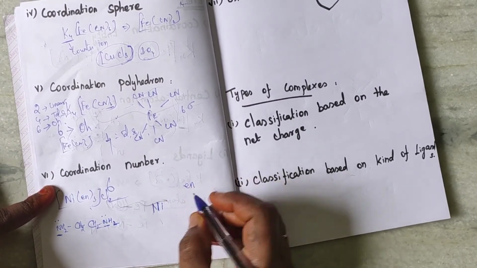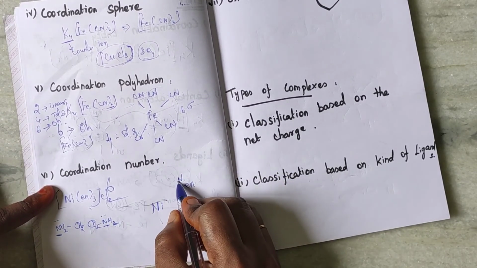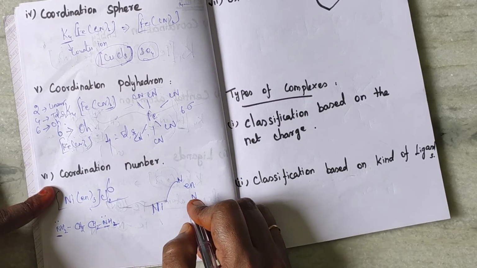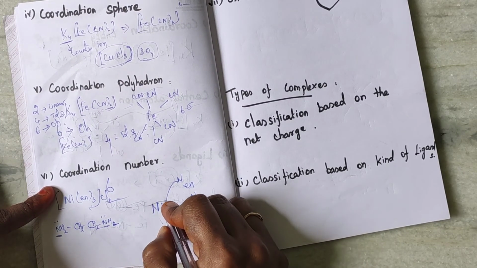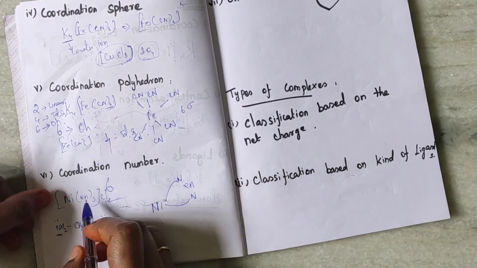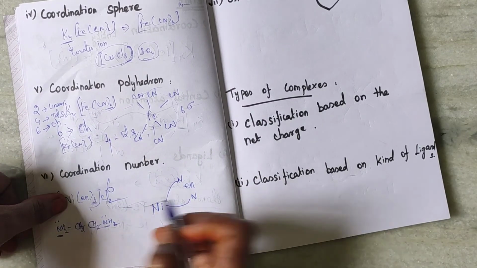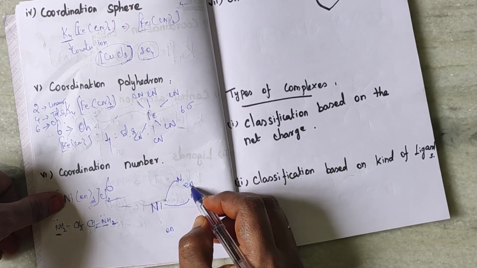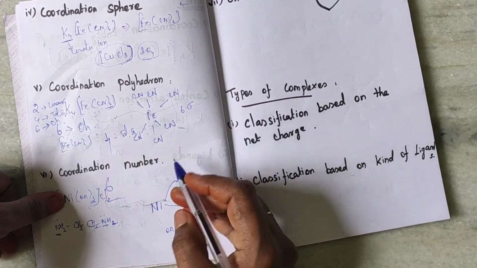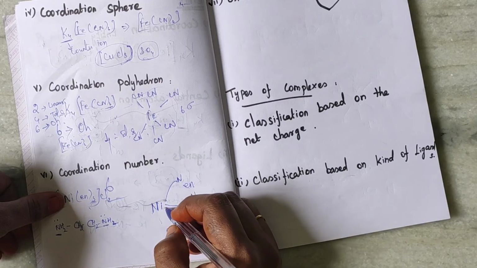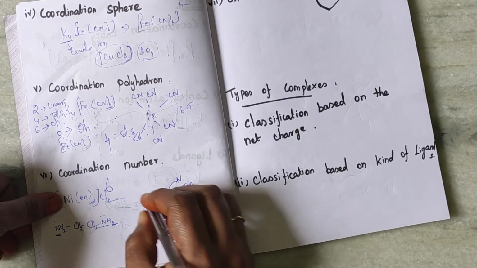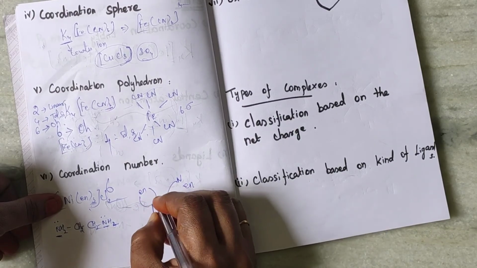So 2 lone pairs of electrons bind with the metal atom. In ethylene diamine, one nitrogen donates its electron pair to the metal, and the other nitrogen atom donates its electron pair to the metal. Totally we have 3 ethylene diamine groups. One ethylene diamine formed 2 bonds with nickel, then another ethylene diamine, then the third.